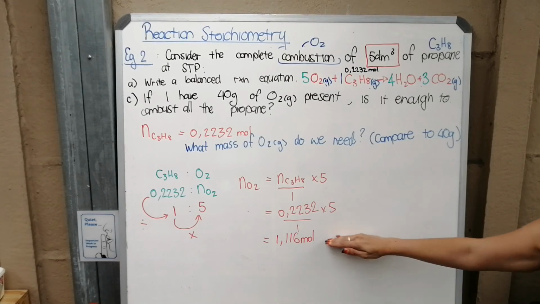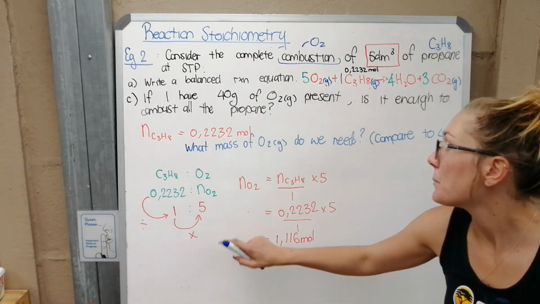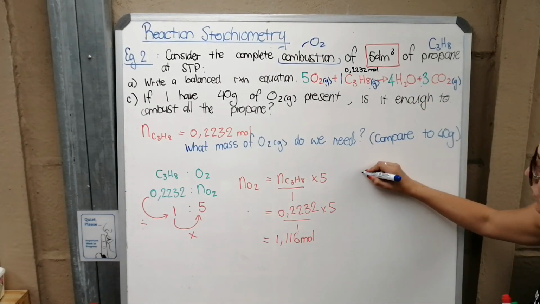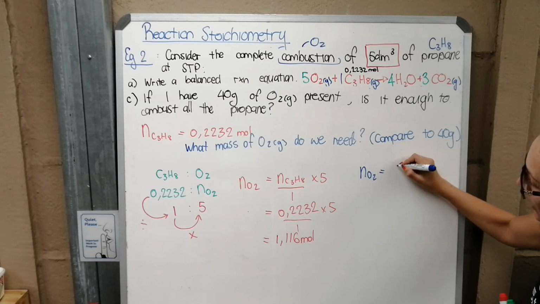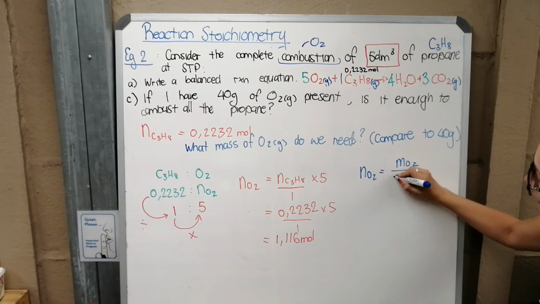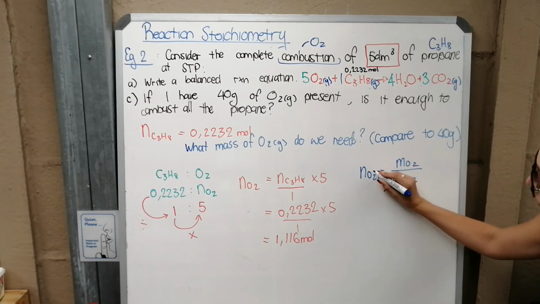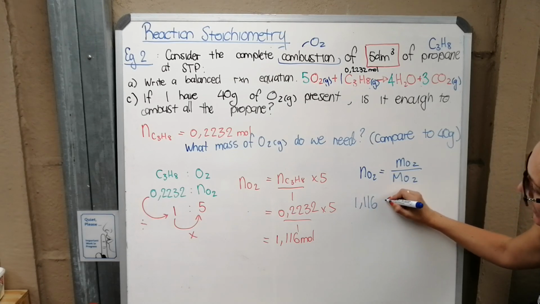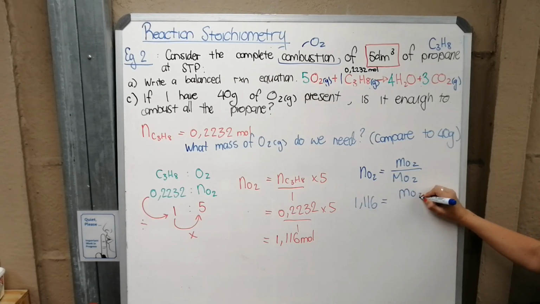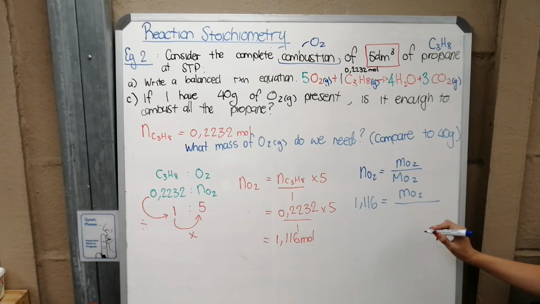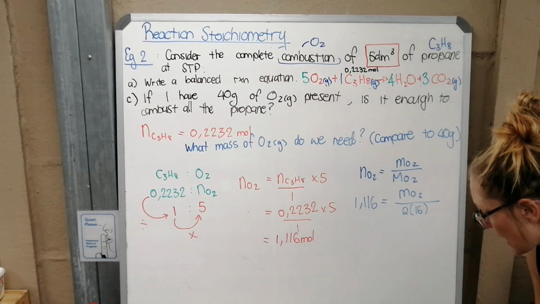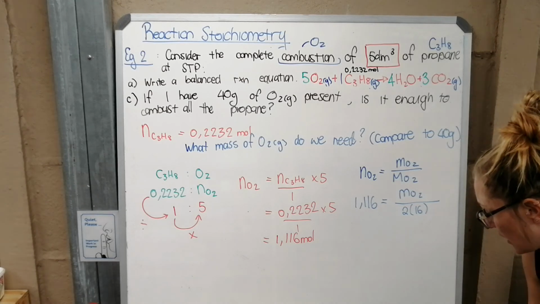So from the moles of oxygen gas, we can figure out what mass of oxygen gas we need. Moles of O2 equals mass of O2 over molar mass of O2. We know that that's 1,116. We want this, and the molar mass of O2 is twice the molar mass of oxygen. So it's 1,116 times 32.